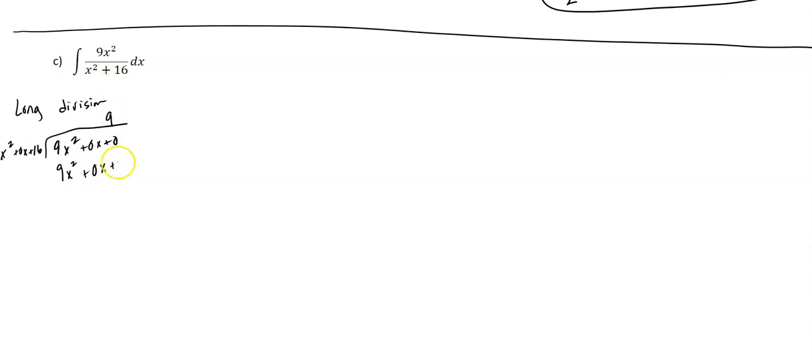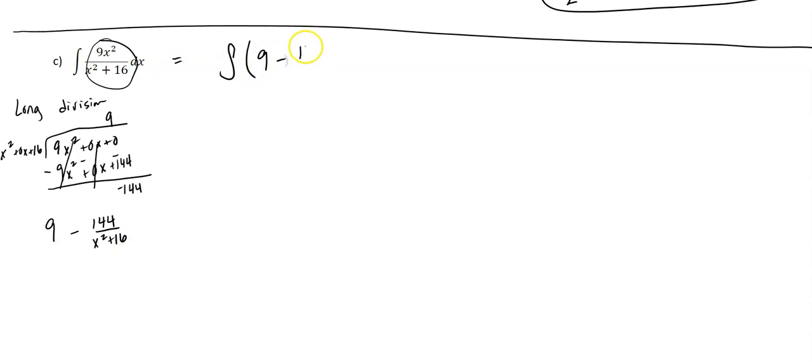And 9 times 16 is 144. I will change the sign by multiplying by a -1 on this row. And everything will go away except for the -144. So this expression right here is equivalent to 9 minus 144 over x squared plus 16. So I can integrate that instead.